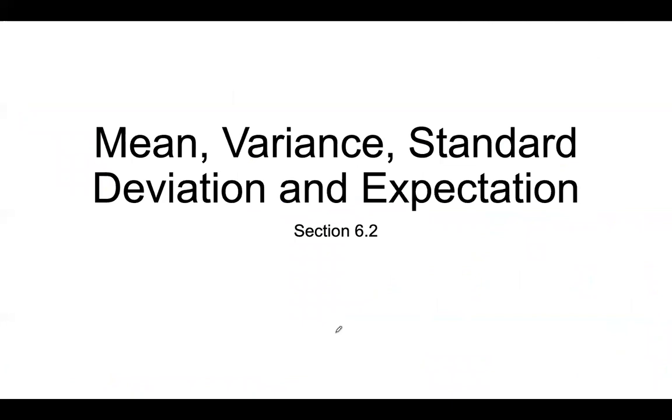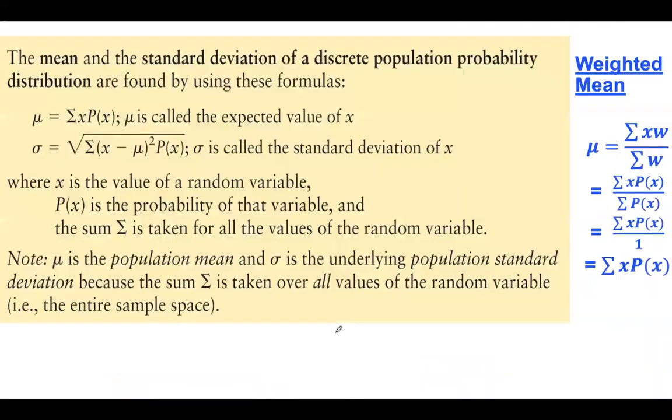Section 6.2: mean, variance, standard deviation, and expectation. So the mean and standard deviation of a population probability distribution are as follows. And this is essentially related to the weighted mean. So remember, the weighted mean is just like we have the sum of x times a weight divided by the sum of our weights.